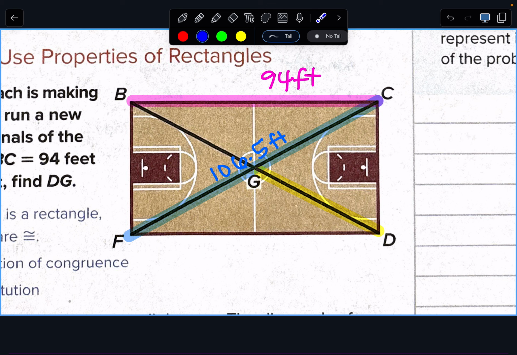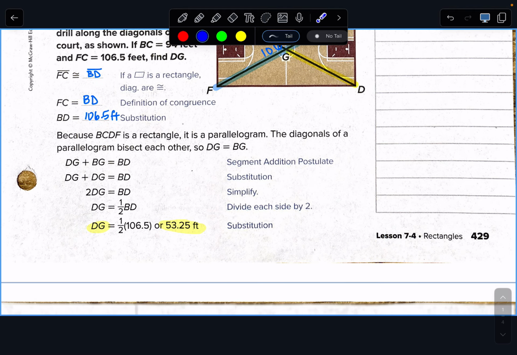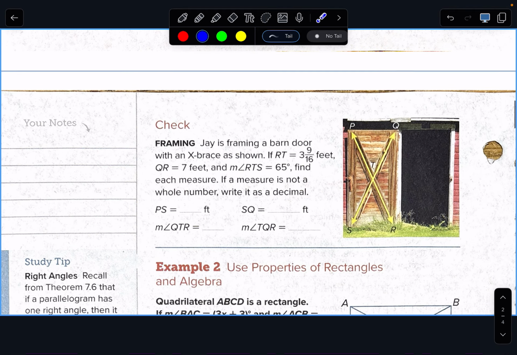And also, this will be future, but if you know one of the angles and a diagonal, you can figure out everything about the rectangle. Yep. Rectangles are really friendly. They're very friendly because they have 4 right angles.